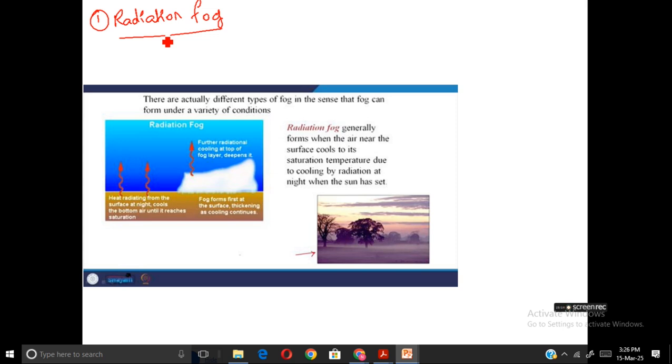So during night time, due to the absence of incoming solar radiation, the surface of the earth will be very cool. Because of this cool surface, when the temperature lowers, the air becomes saturated more easily, or the dew point temperature will be attained. So the actual temperature becomes the dew point temperature, and saturation occurs. Water droplets will be found very close to the surface, so it appears as fog.